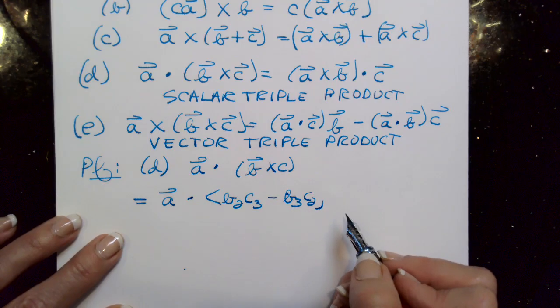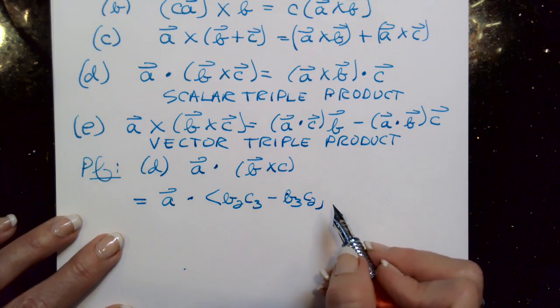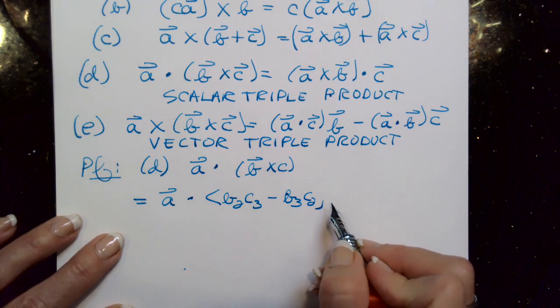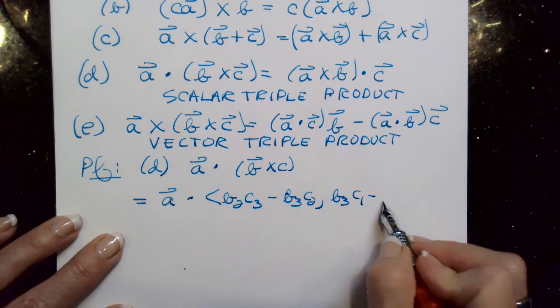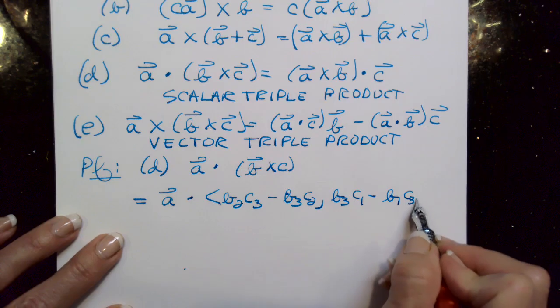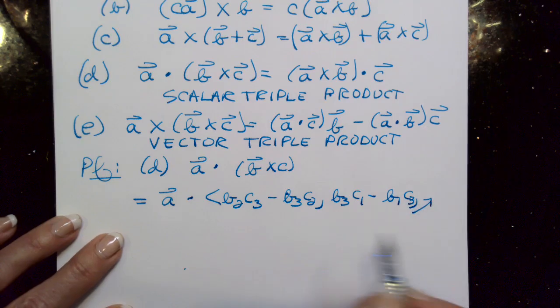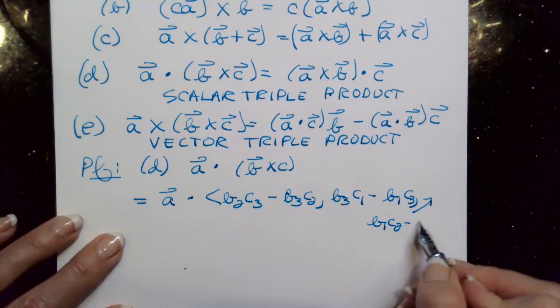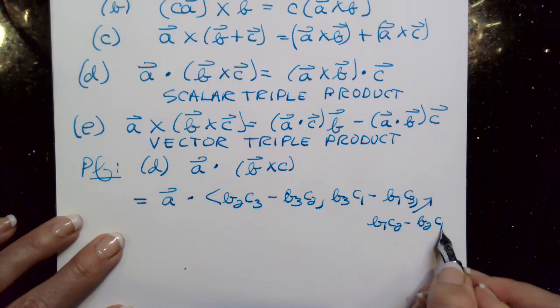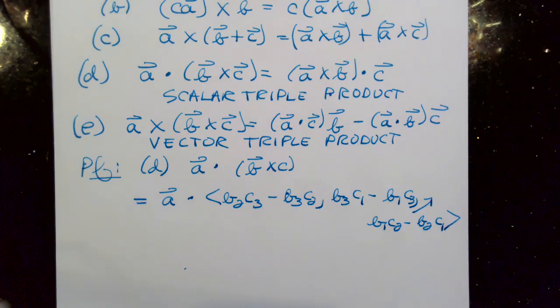Dotted, and then the second component is B3 C1 minus B1 C3. And the third component, I'm going to have to put it down here, is B1 C2 minus B2 C1. Sorry, that squeezed in a little bad there.